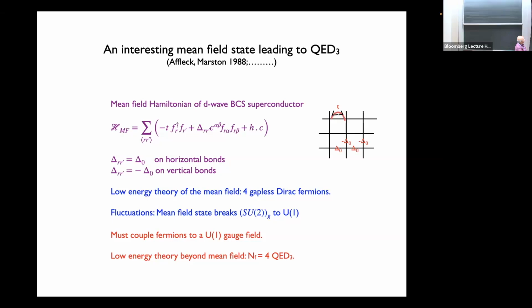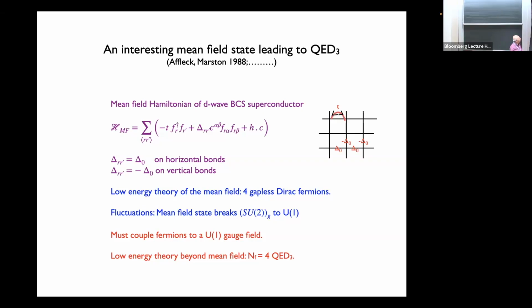Right? The hopping is just nearest neighbor, and the pairing is nearest neighbor. And the pairing is such that the strength of the pairing is say plus delta naught on horizontal bonds and minus delta naught on vertical bonds. That gives it its D-wave structure.